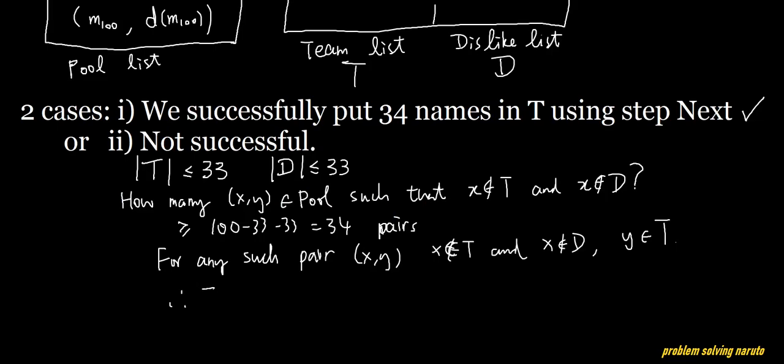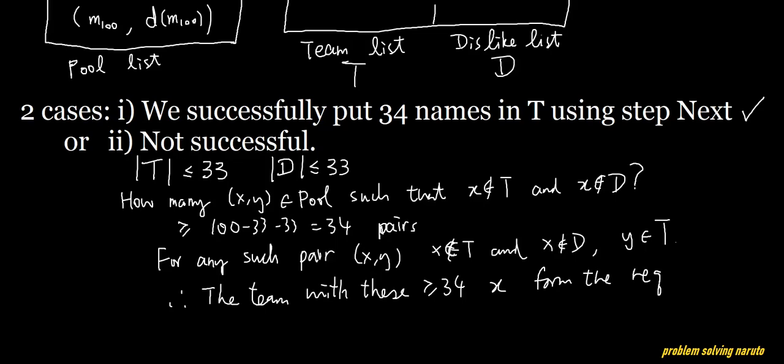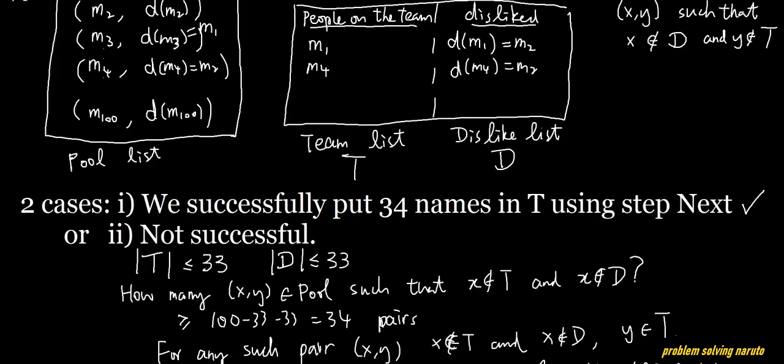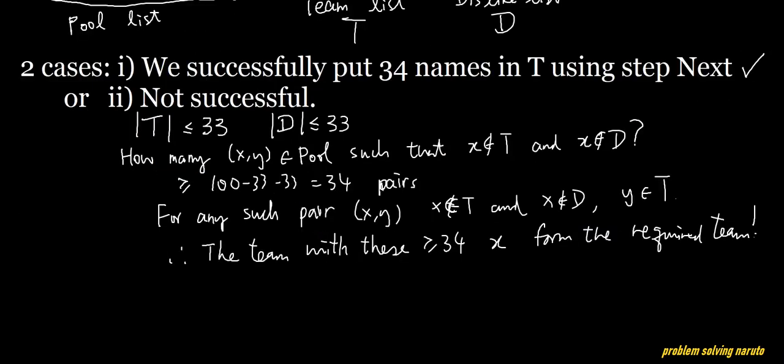Therefore, the team with these at least 34 xy form the required team. Because they all dislike someone here, that means they don't dislike each other.